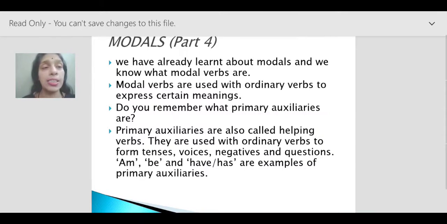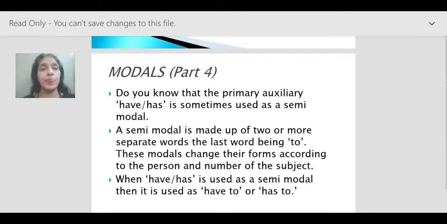Primary auxiliaries are also called helping verbs. They are used with ordinary verbs to form tenses, voices, negatives and questions. Am, be, have, has are examples of primary auxiliaries.